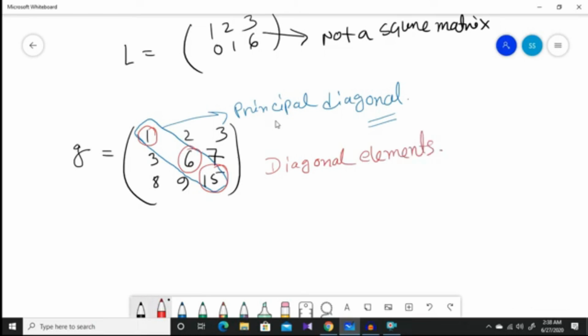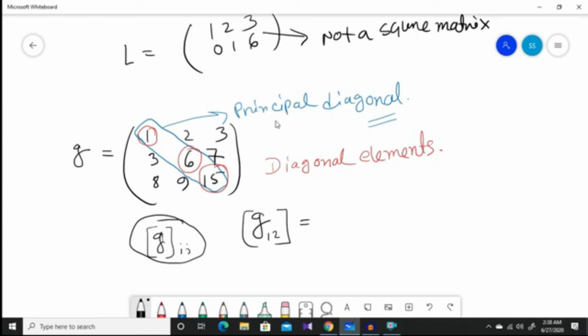Now, how do we denote the components or the entries that we have for a general matrix? Let's say for this g, I want to know the ith and jth component, right? This is how we write it. Let's say I want to know the 1, 2 component.